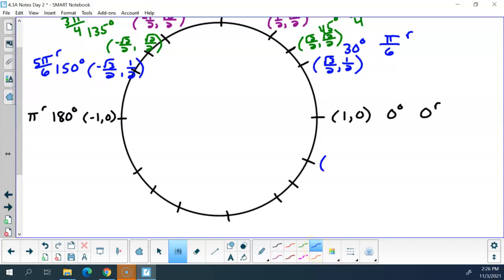So this one would be square root 3 over 2, negative 1/2. Square root 2 over 2.